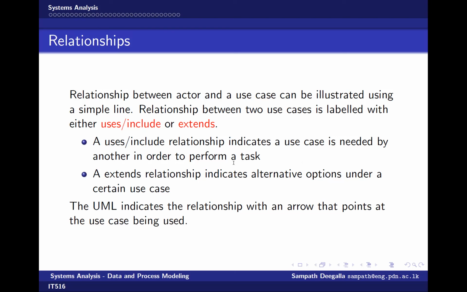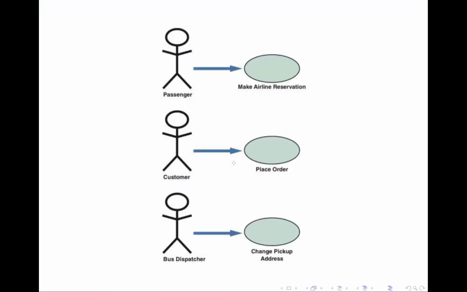The first one, uses or includes, indicates that it's needed by another in order to perform the task. And extends indicates that there are alternative options. We will have an example and look into that. And UML indicates the relationship with an arrow pointing at the use case being used. That's why we have an arrow here. So the passenger is using the use case make airline reservation.